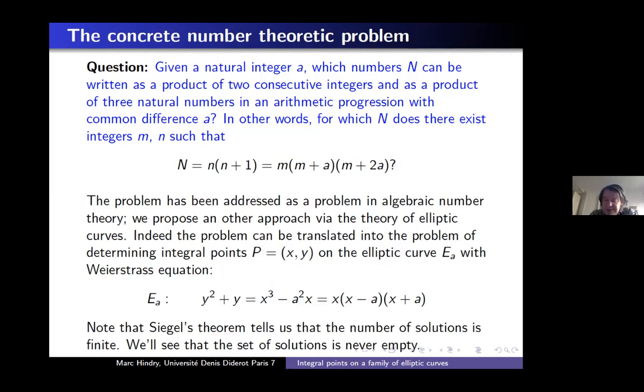The other thing is that there are efficient algorithms to compute them for a given A. So let's say I give myself a value A equals 17. I can ask the computer to compute the integral points. So the point is to have, in some sense, a general theory for it.